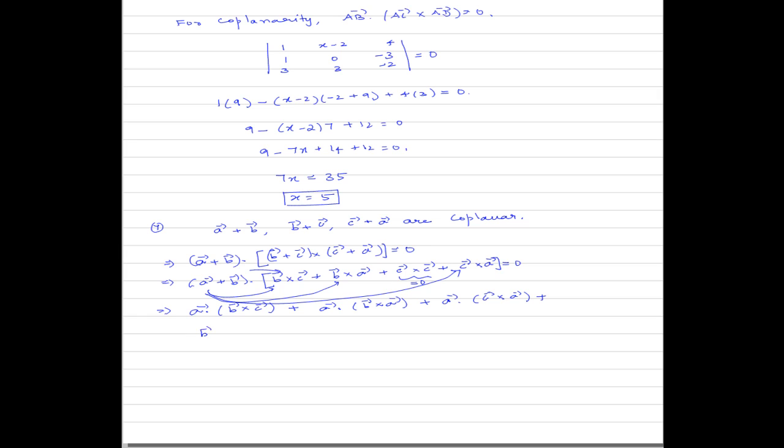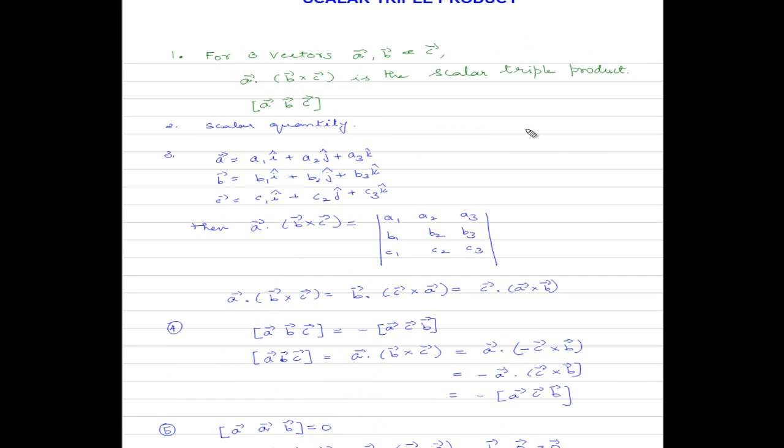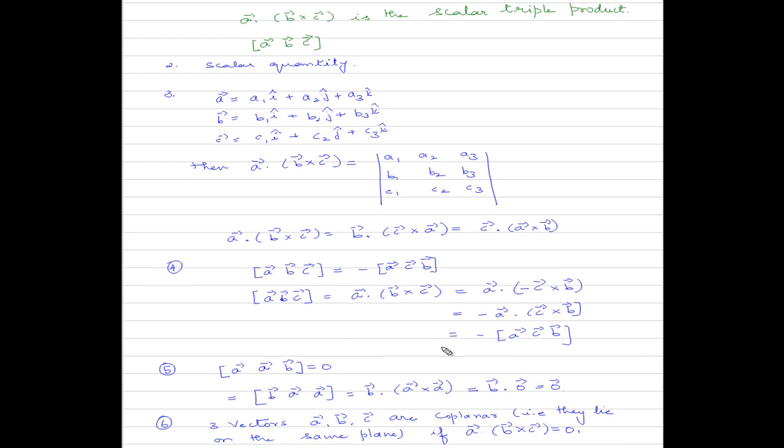So plus b vector dot b vector cross c vector plus b vector dot b vector cross a vector plus b vector dot c vector cross a vector is equal to 0. We have already seen in property that if two components are same in a scalar triple product, then the value will be 0.